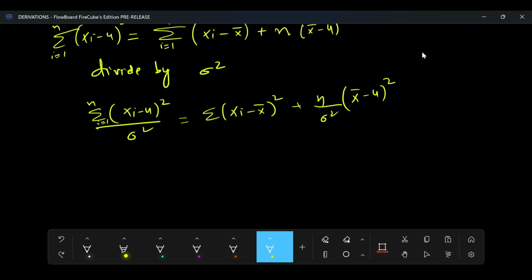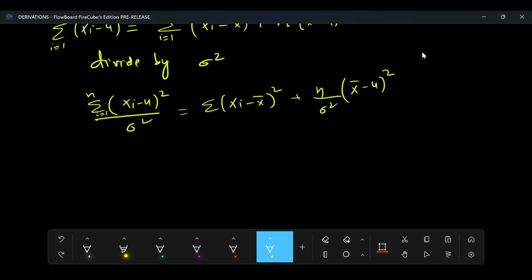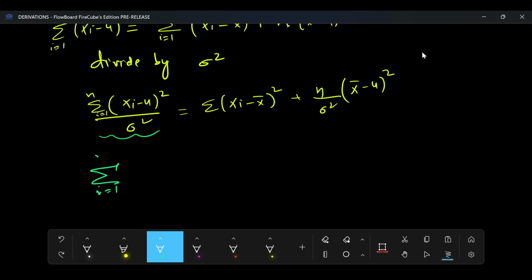See, what is this? This is simply chi square, or simply we can write this as summation i is equal to 1 to n ((xi minus mu) upon sigma) whole square.